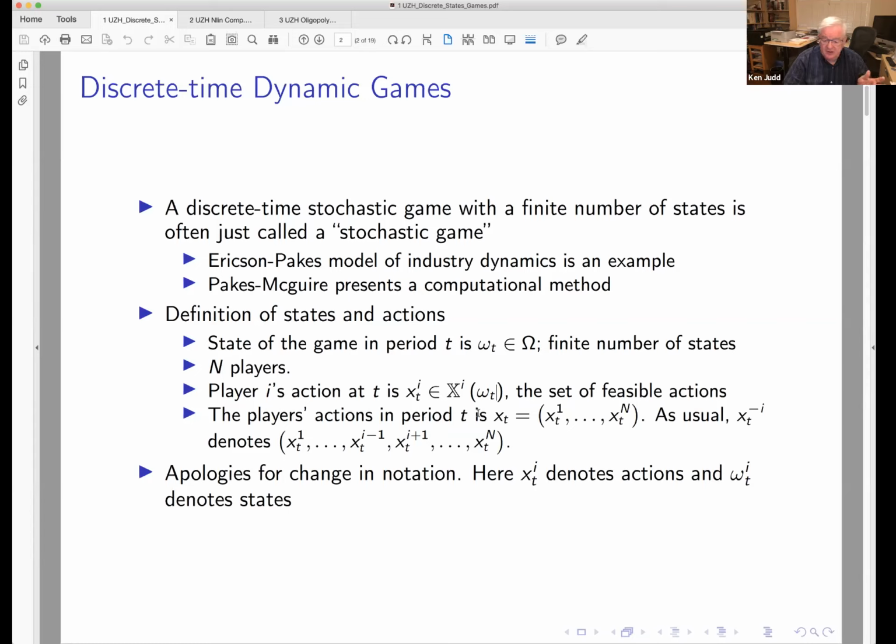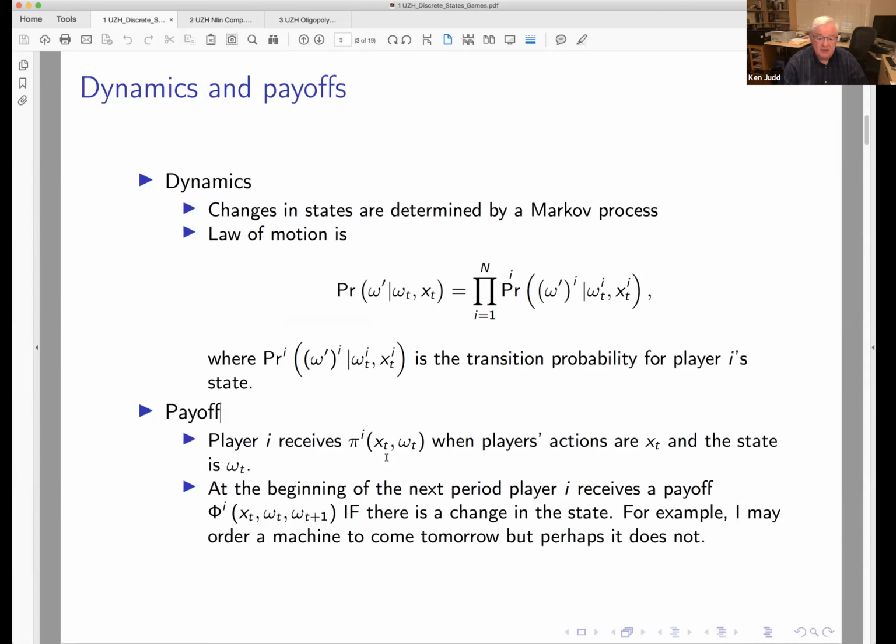And then the players' actions at time t is just a list of the x_i's. Now, the x superscript minus i notation is standard in game theory because it represents the vector x, but without the ith component listed. So it basically is just a vector of other people. So x here denotes actions and omega denotes the states.